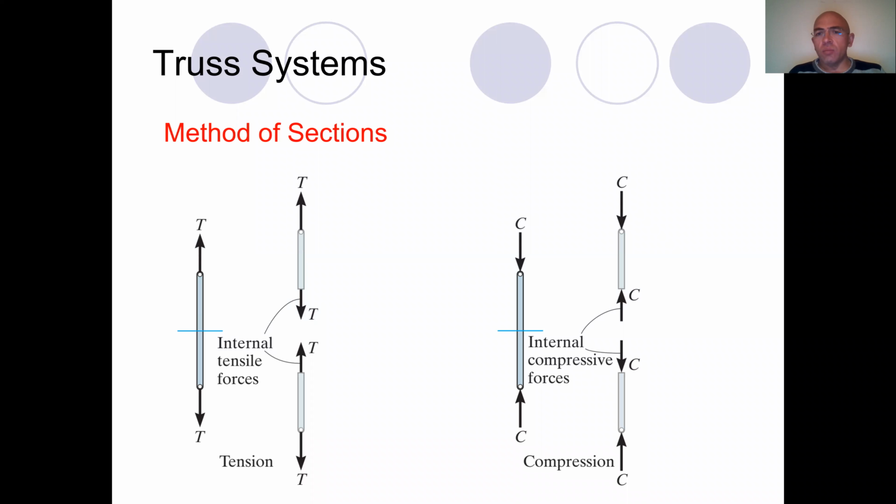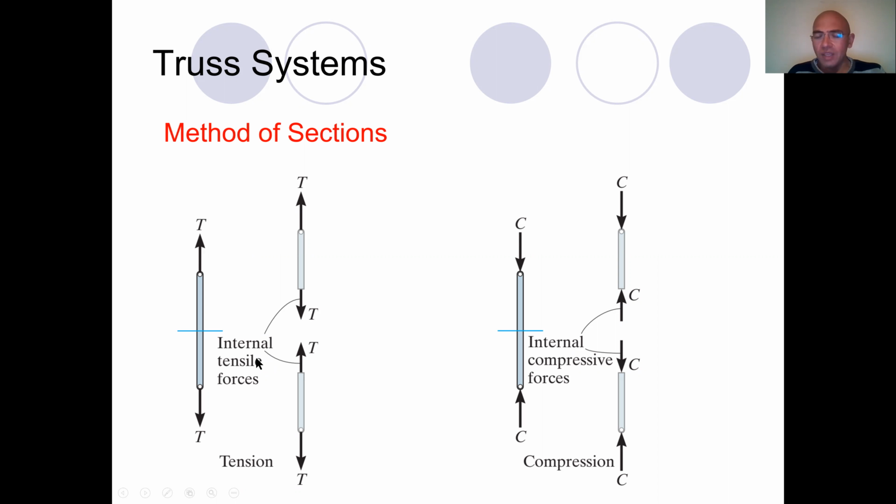Now, we have another method, the method of sections. The point here is we have truss members. What happens is this: when there is a tensile force, which tries to elongate the structure, certainly wherever we cut the structure, there will be some internal forces.